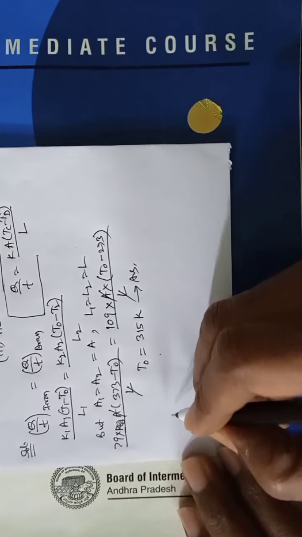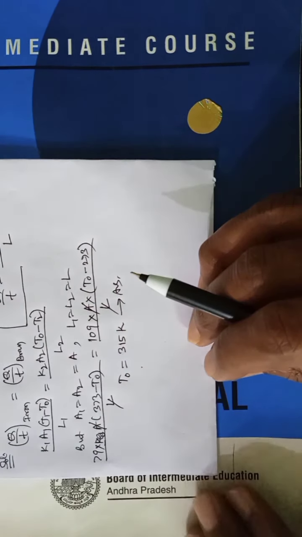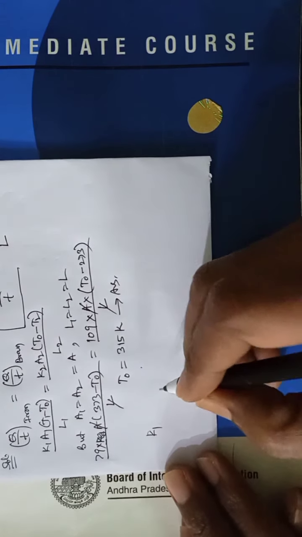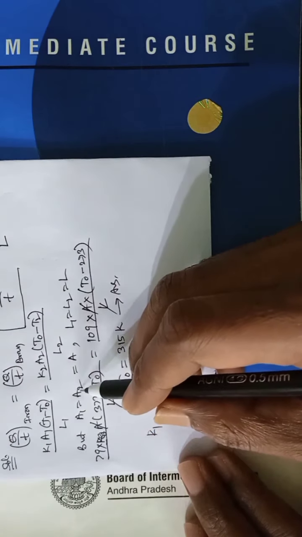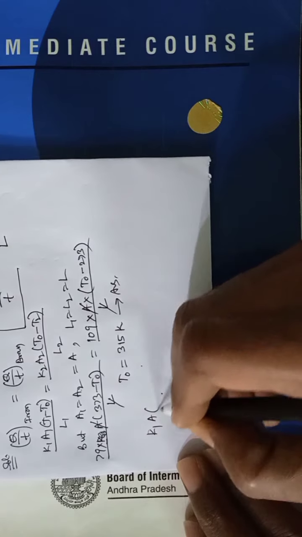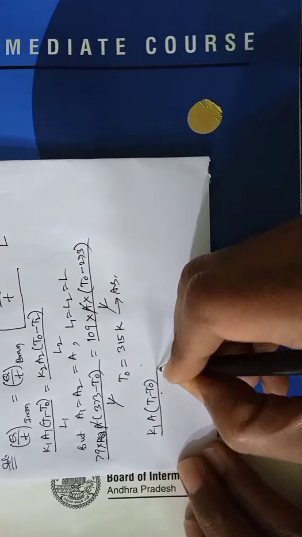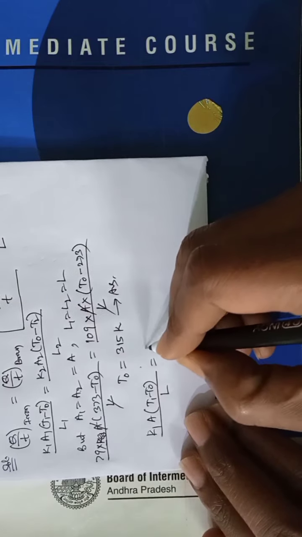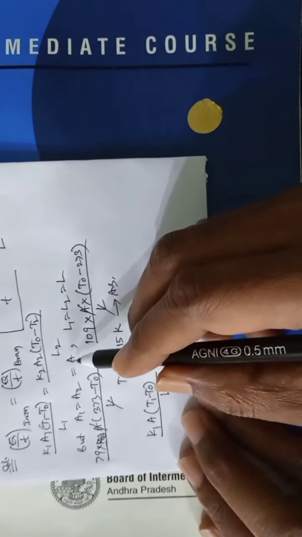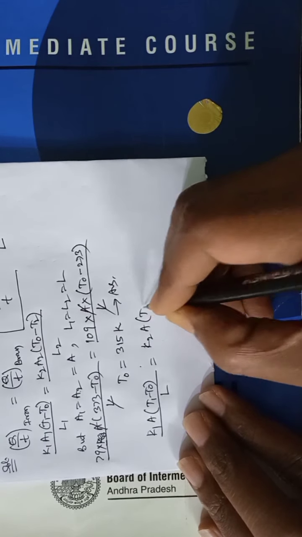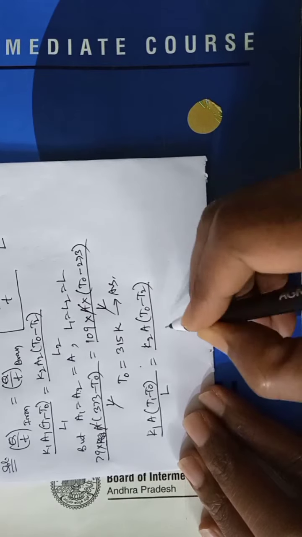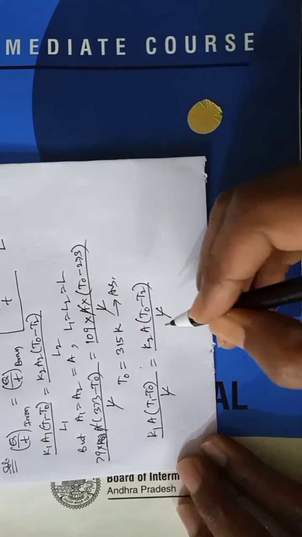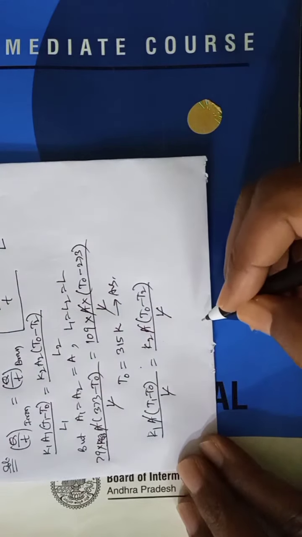Now K1, and here A1 means A, since A1 equals A2 equals A, therefore we write A. T1 minus T0 by L, since L1 equals L2 equals L, is equal to K2, A, T0 minus T2 divided by L. L and L get cancelled, A and A get cancelled.